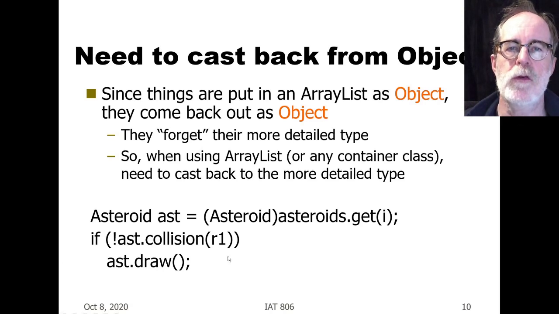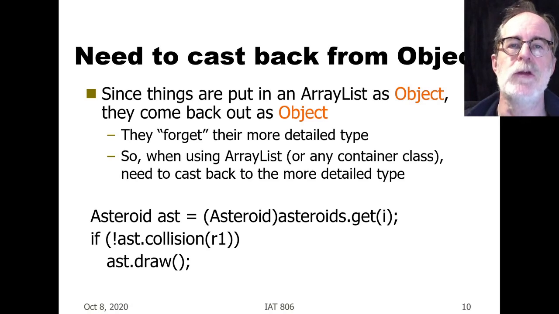So here's the syntax to do that. We're creating a new variable, just to make it concrete, named ast. And what we're doing is issuing the method asteroids.get, get the ith asteroid, and that returns an Object. And this parenthesized (Asteroid) does what's called typecasting, which transforms the type of the object to the type Asteroid. Now, of course, it has to actually be of type Asteroid in order for that to work correctly.